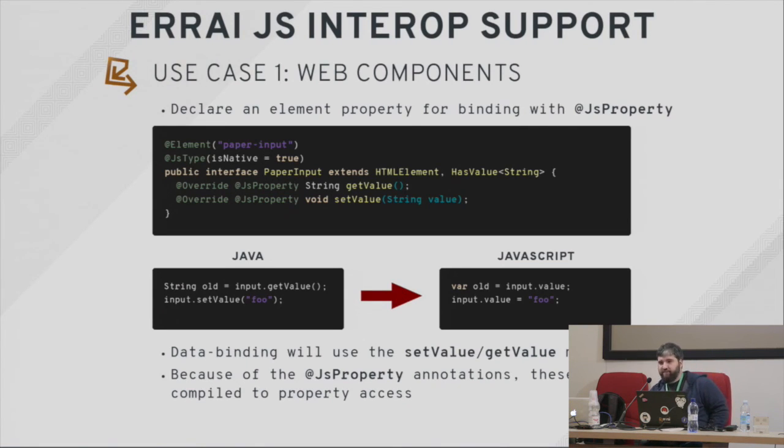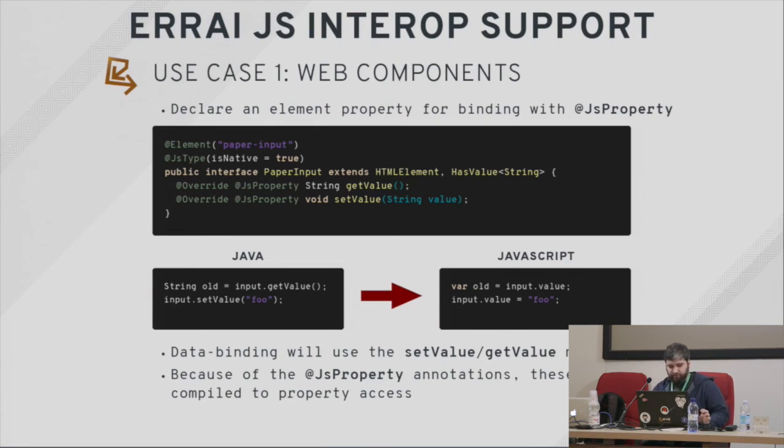We've overridden the getValue and setValue methods, and we have added JS property to these declarations. The end result is that Errai will generate code that will call the getValue and setValue methods in Java, like on the left. And that ends up being compiled to JavaScript that accesses the value property, which is exactly what we wanted.